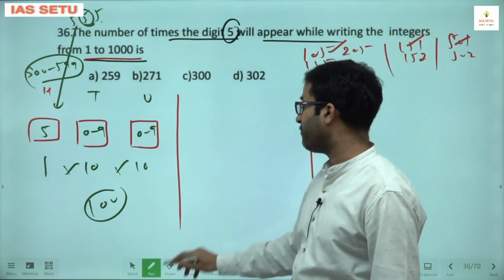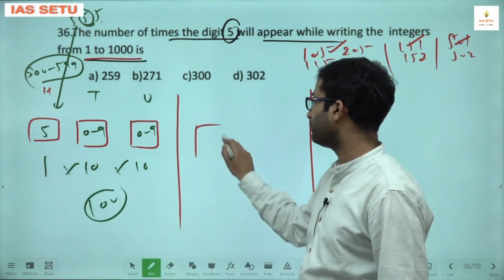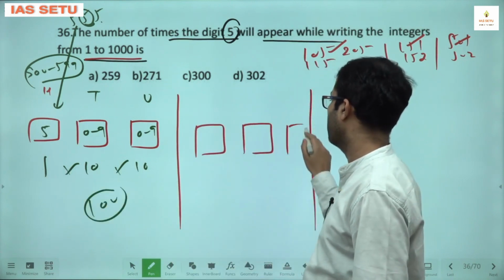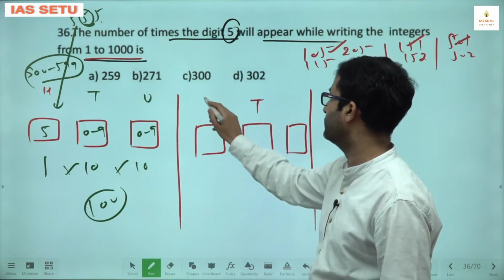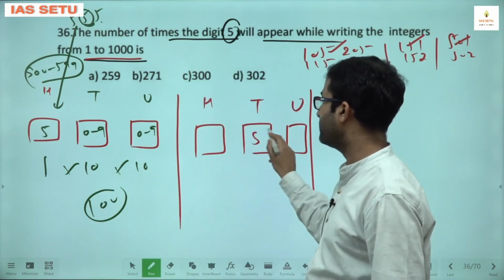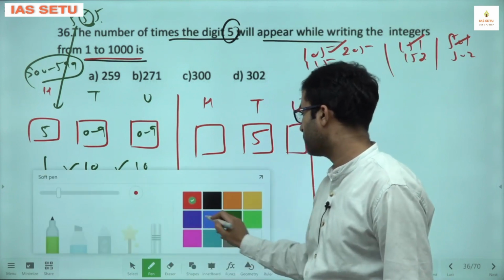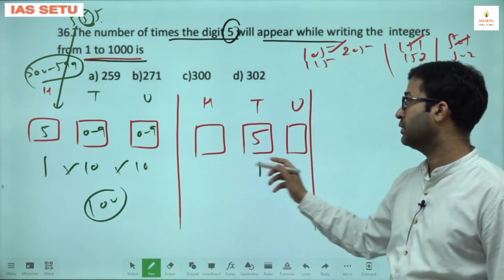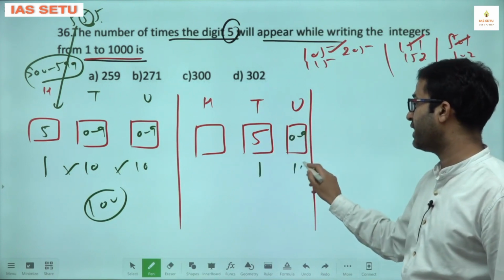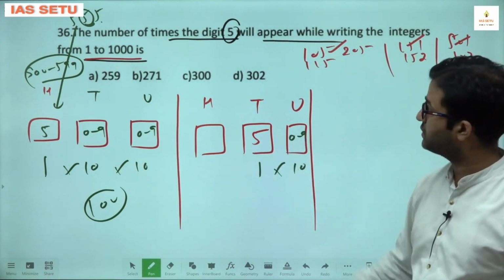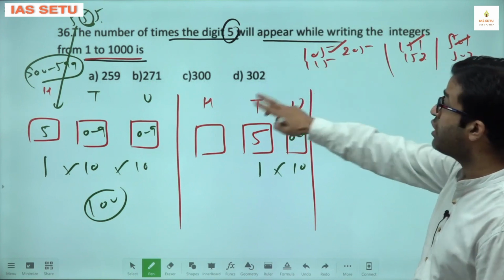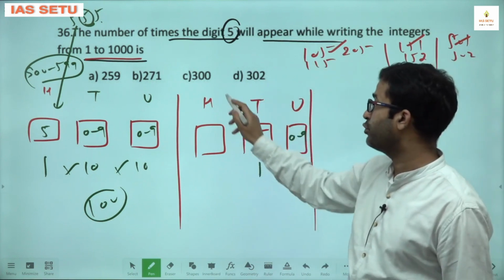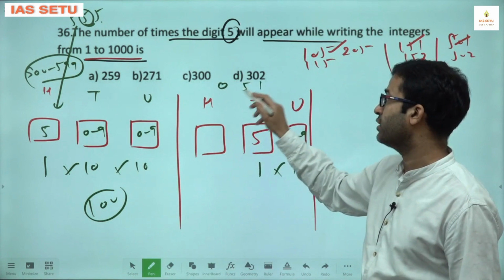The second case is where 5 comes at the 10 place. Here it is 5, fixed, so this can be filled in only one way. Whereas the unit place can be 0 to 9 in 10 different ways. For the 100 place, they say 1 to 1000, so I can use a number like 051, 052.